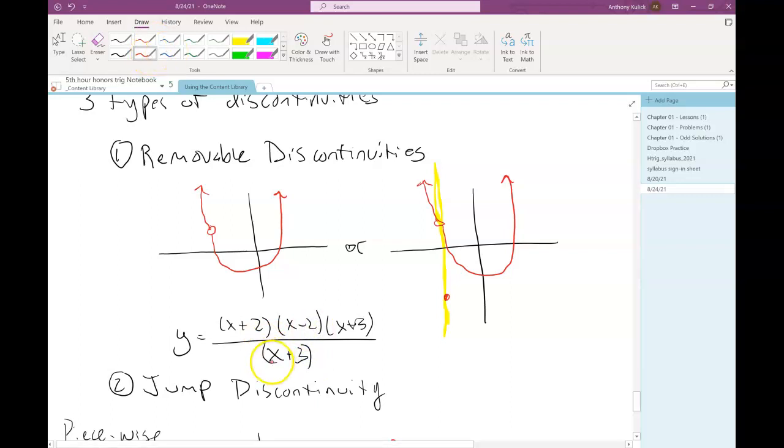Where you could reduce out some factor completely. So if you look at what's left after that reducing, it's that parabola, x squared minus 4, but there's a hole at negative 3, when x equals negative 3, which is about what we drew there.